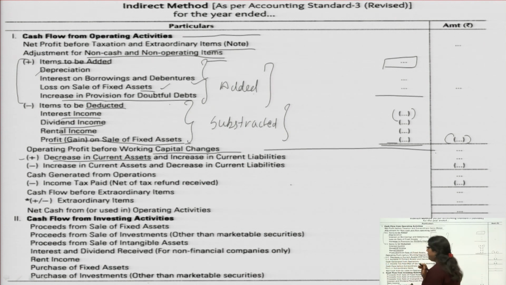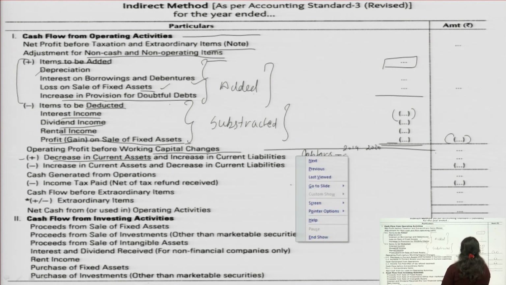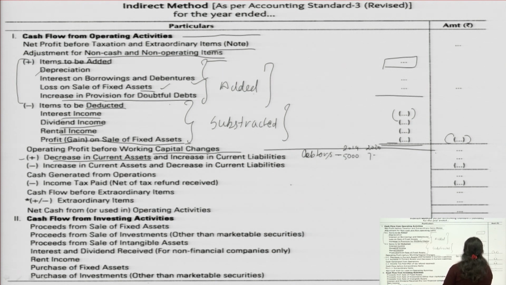If assets are decreasing, for example, we are taking debtors. If debtors last year in 2019 were 5,000 rupees, and for 2020 it has increased to 7,000, the 2,000 rupees has been increased. Now, if there is an increase in current assets, then we will subtract.